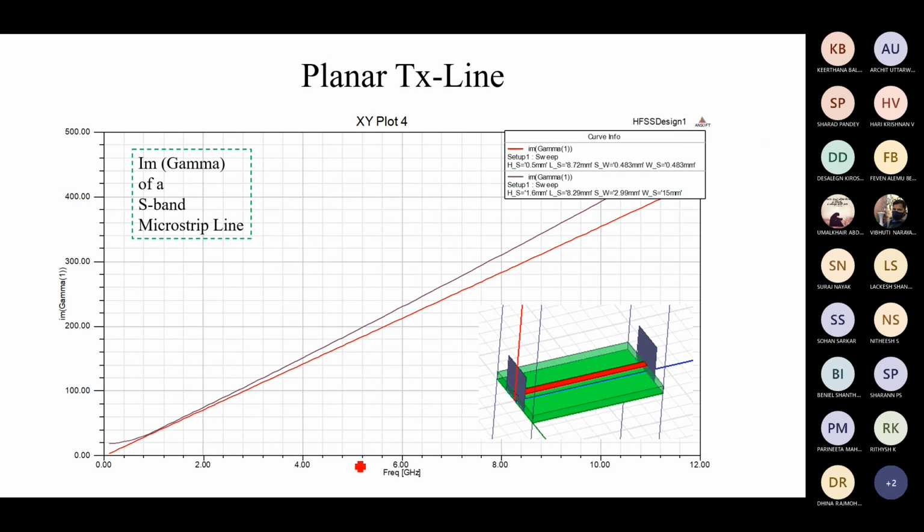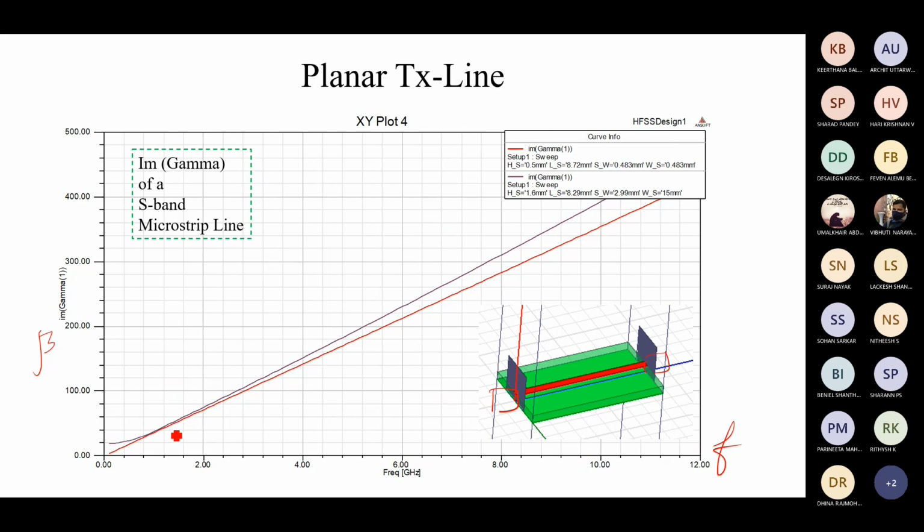Interestingly, if you take a PCB which has a conductor on the top and a ground plane at the bottom, where you connect the transmitter and receiver, or antenna and transmitter, you will see that the beta is almost constantly increasing with respect to frequency.